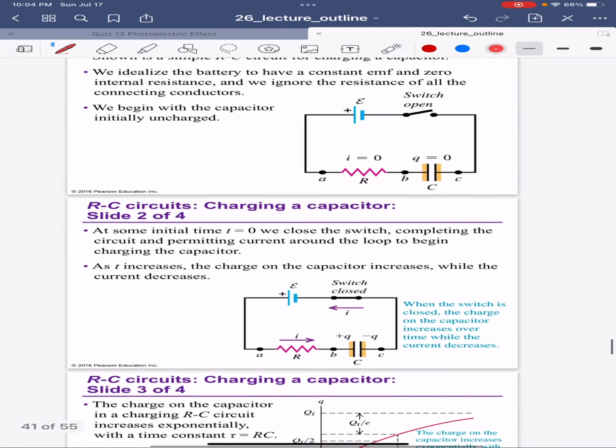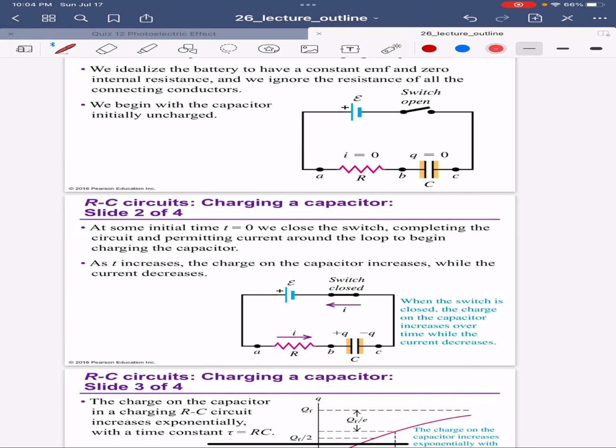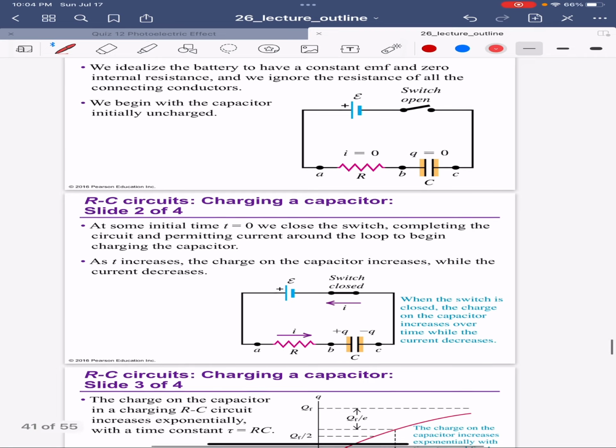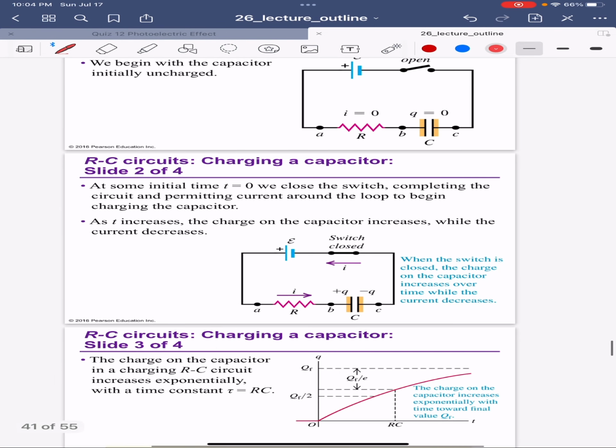At some time we close the switch, and then the current is going to be initiated in the circuit, and the capacitor is going to start charging.